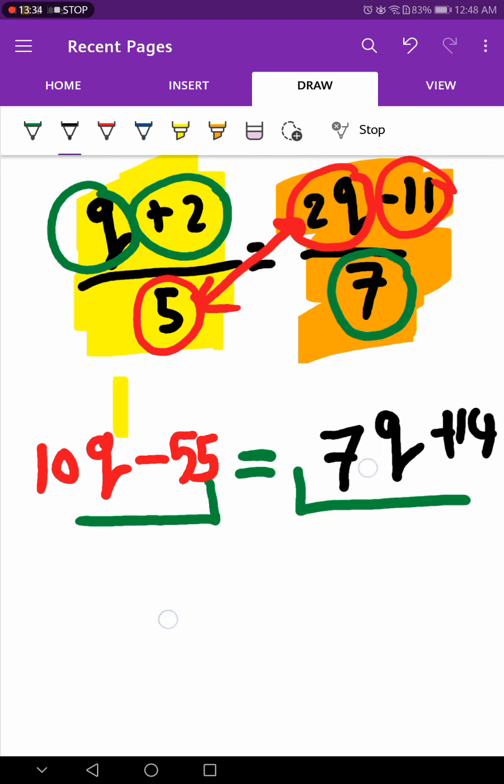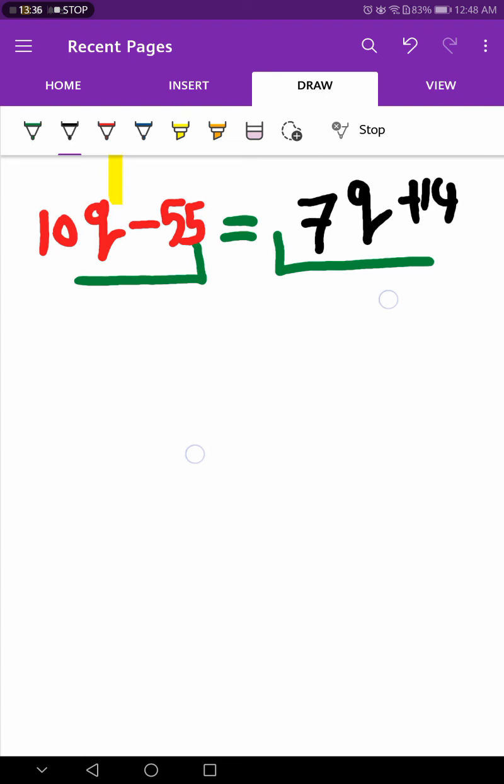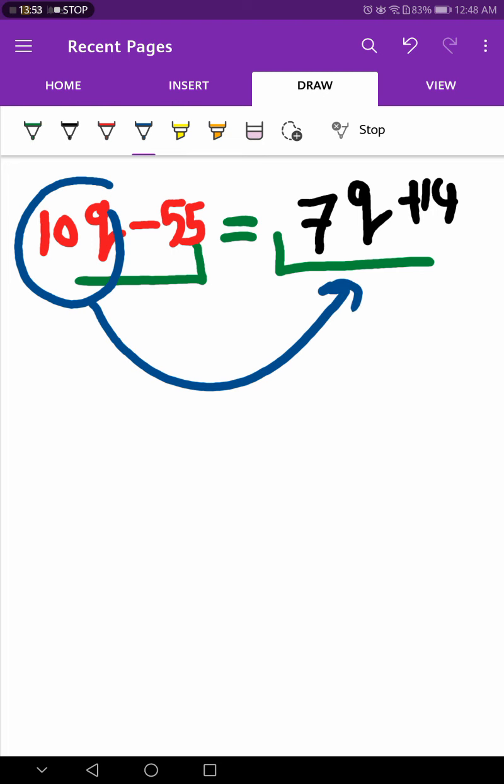Okay, now I have this left and right, easy, the life is easy and beautiful. I collect the Q, okay, in one side and the numbers in one side. You are free to move, okay. I will move this here, and at the same time I will move this here.